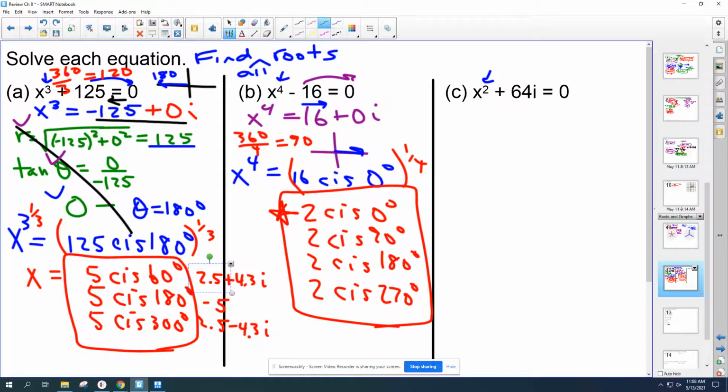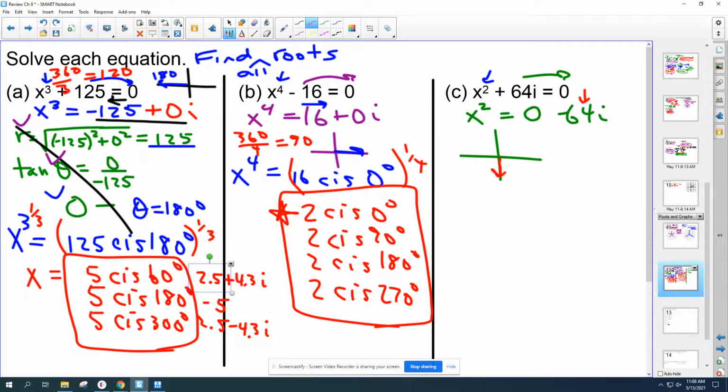Next one, if you subtract 64i, you're going to get x squared equals negative 64i, but it's probably more useful to leave that 0 in there because we want to think about this as a vector. 0 minus 64i. Again, you could use the r and the theta formula, but it's going to be a lot better if you just picture where this is, because 0 minus 64 says to go down.